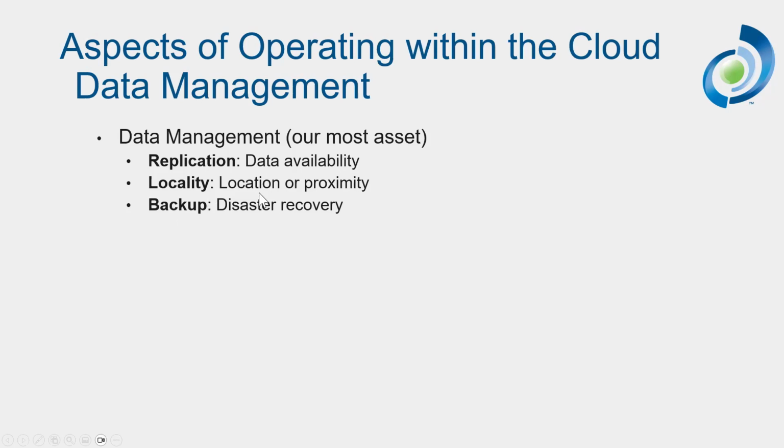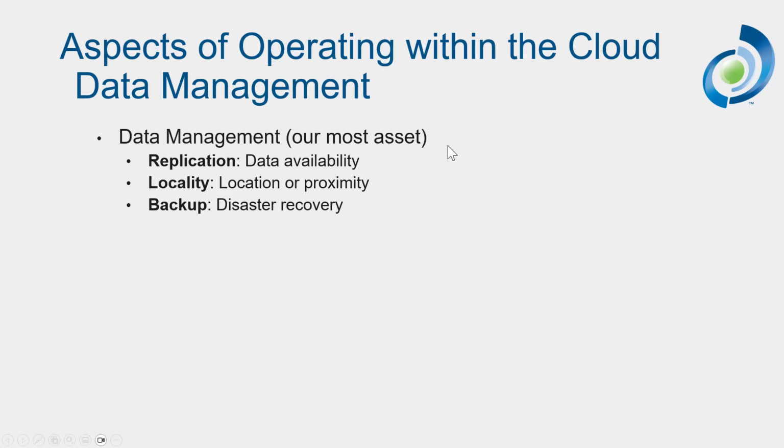Where is the data? Is the data near the user? And then, of course, we talk about our backup. Our backup says, I want the data that I'm using right now located near me, but I want the backup to be very, very far from me in case there's a natural disaster, in case something happens to one area of the country, so we don't lose our data.